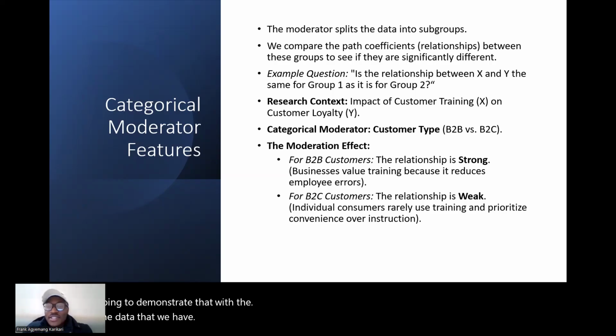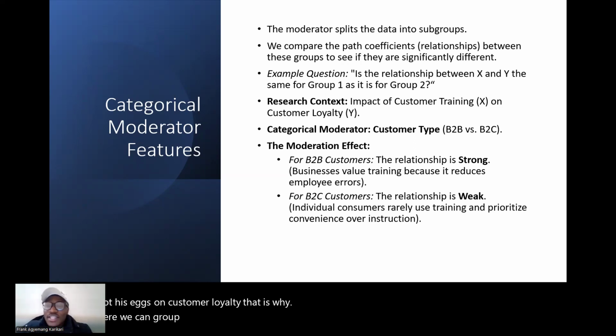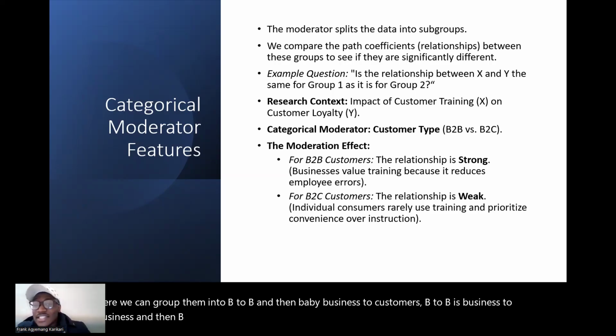So in a research context, we can look at the impact of customer training, that is X, on customer loyalty, that is Y. Here, we can group them into B2B and B2C. B2B is business to business, and B2C is business to customers.